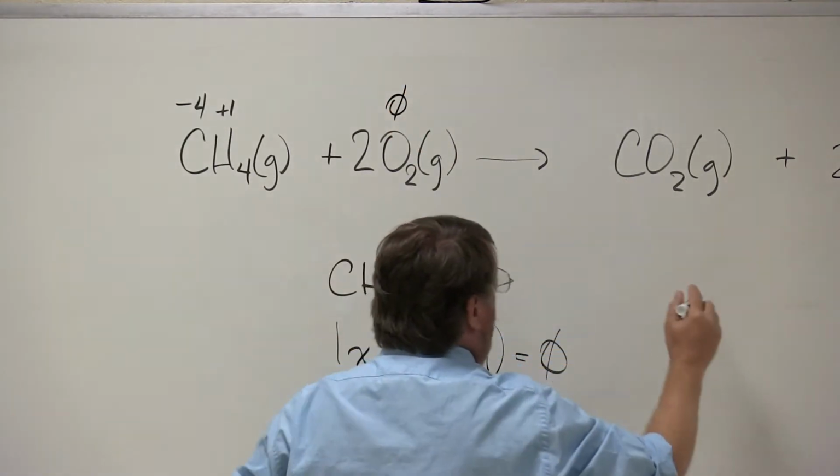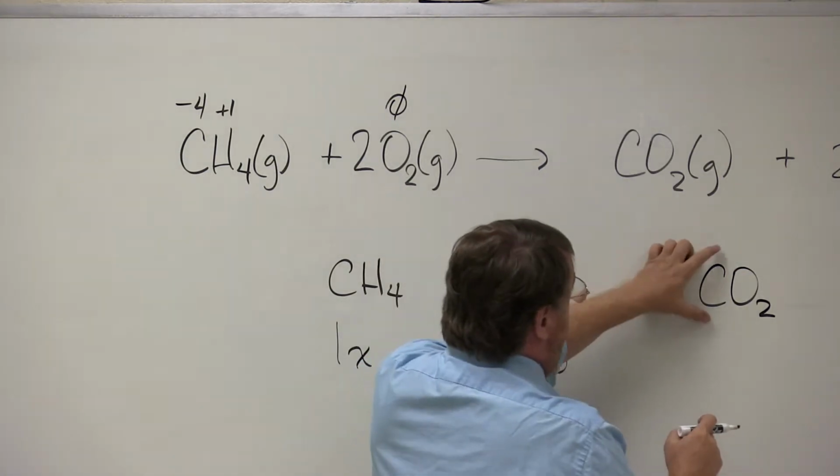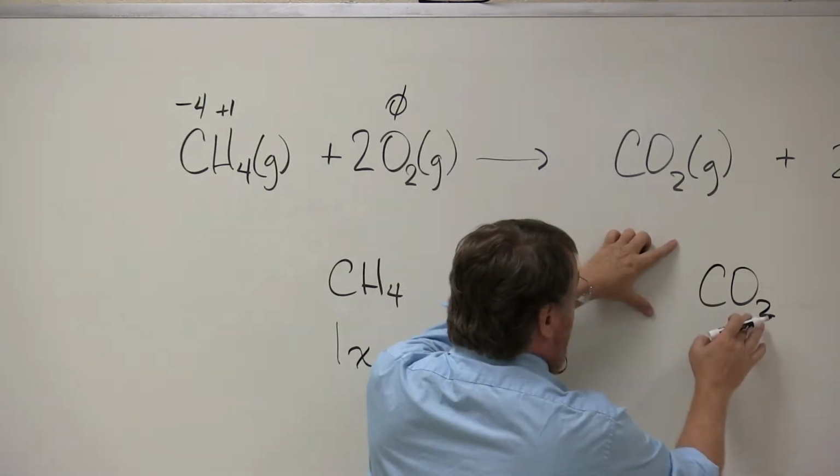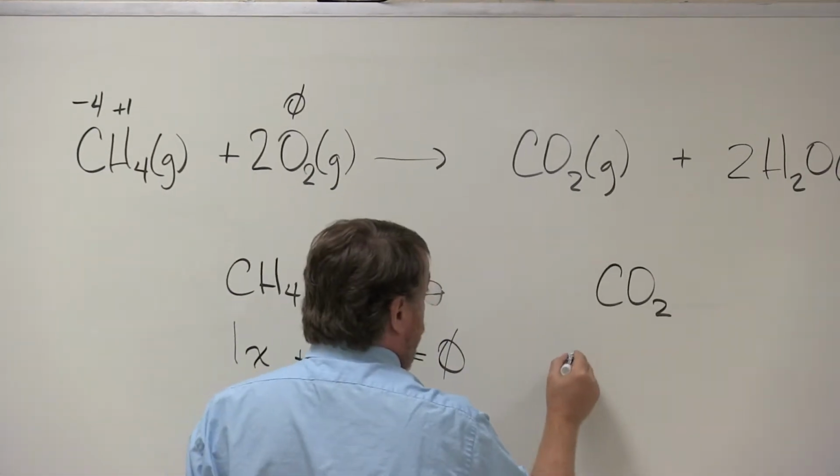We get over here to carbon dioxide, CO2, and now we've got an unknown carbon with a known oxygen. Oxygen in a compound is -2, most of the time.